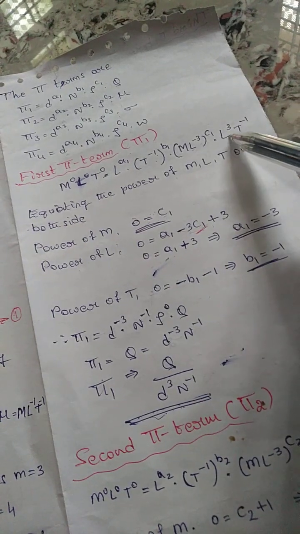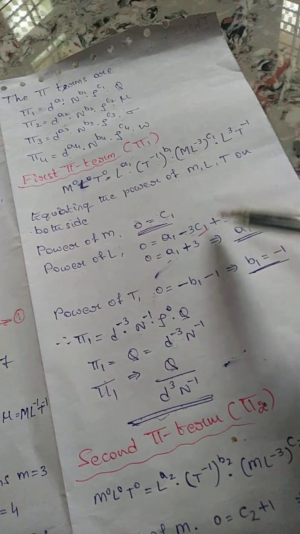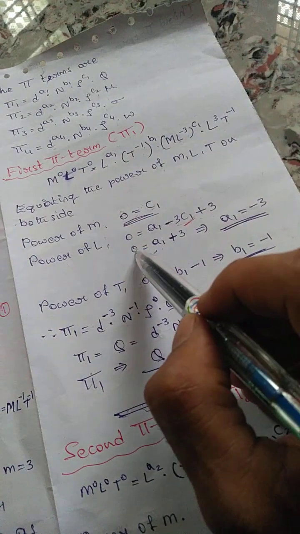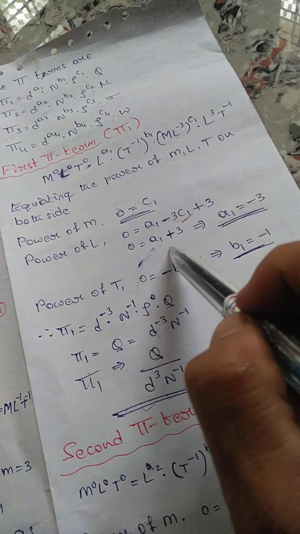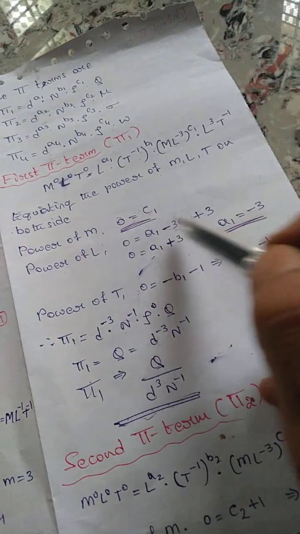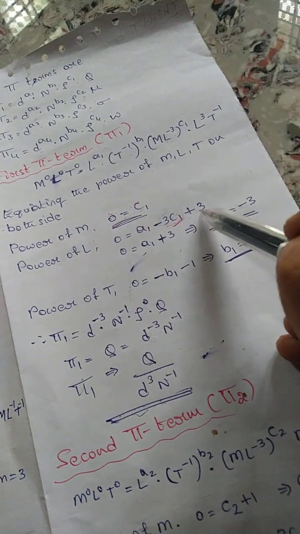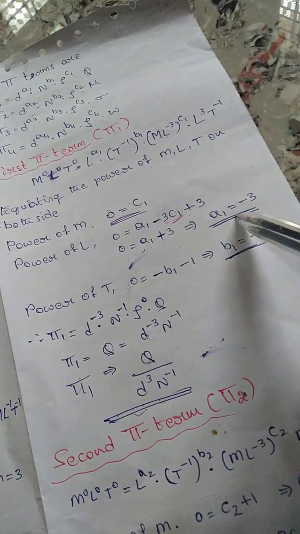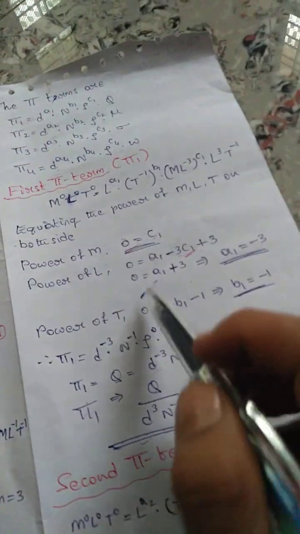Next here is L, there is an L here, so 3. So now 0 is equal to a1 plus 3. Why does this become 0? Because here c1 is 0, so 3 into 0 is 0, this will vanish and only 3 remains, so plus 3. So a1 is equal to minus 3 after making manipulations.